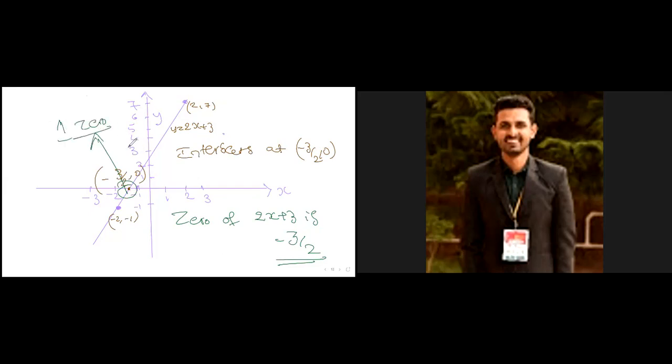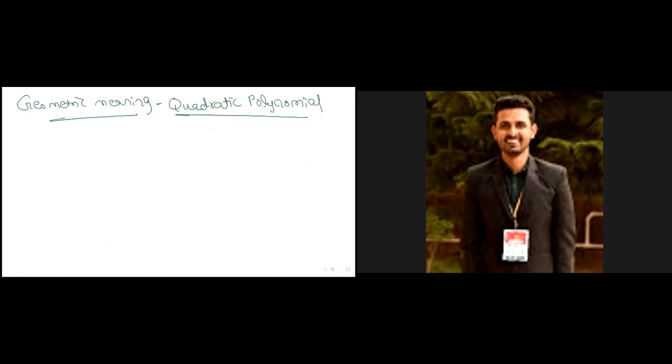That means it is intersecting at only one point of the x-axis. Remember, a linear polynomial will have only one zero. But in case of a quadratic polynomial, let us see. So far you understood this, right? No doubt. Okay.